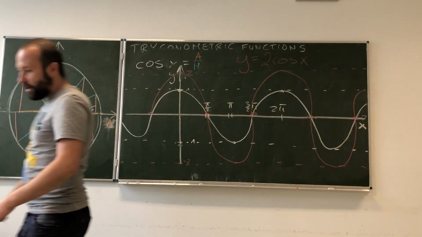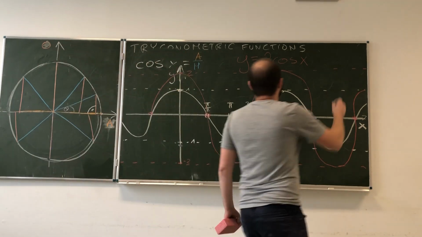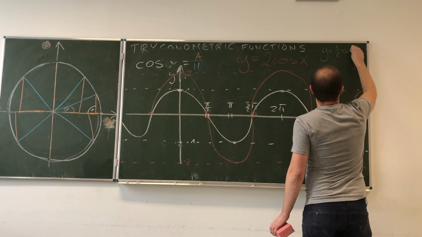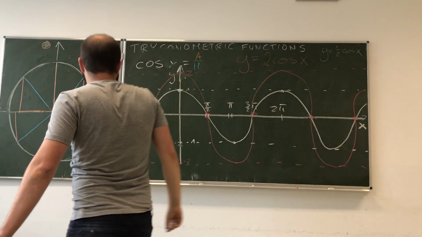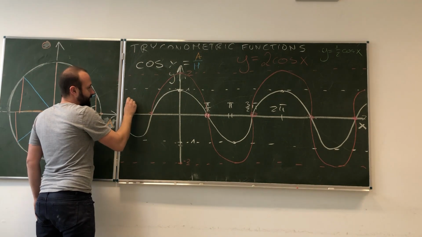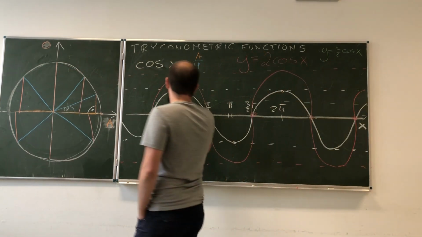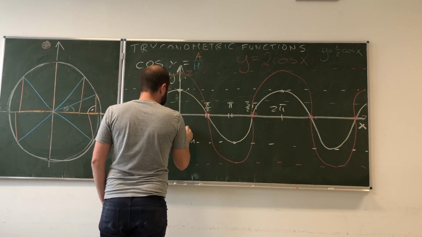And look, what if now I would like to do a function y equals 1 over 2 cosine x? Well, I hope at this moment you can see this is nothing very problematic. We have to make an asymptote on 1 over 2 and negative 1 over 2.